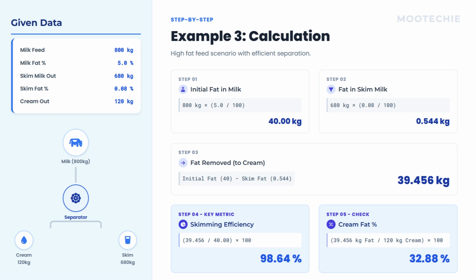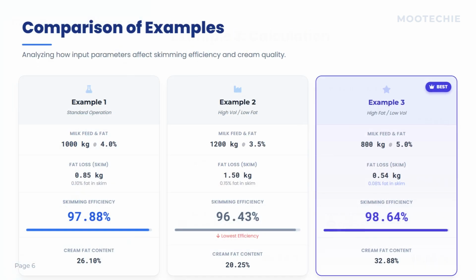This leads to a superb skimming efficiency of 39.456 divided by 40 times 100, which is 98.64%. And finally, the cream fat percentage is 39.456 kilograms divided by 120 kilograms times 100, yielding a rich 32.88%.